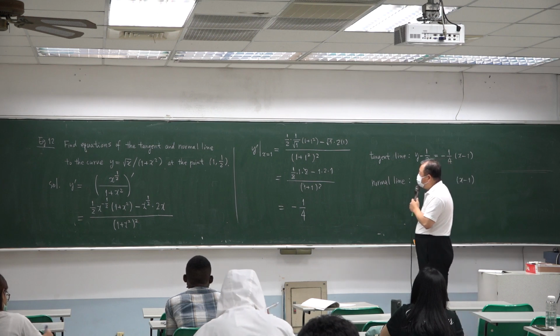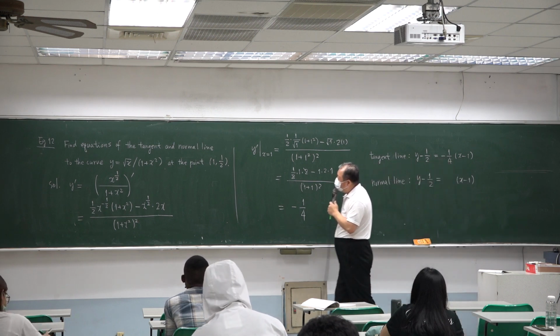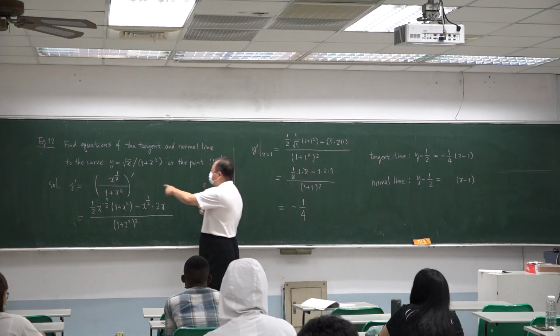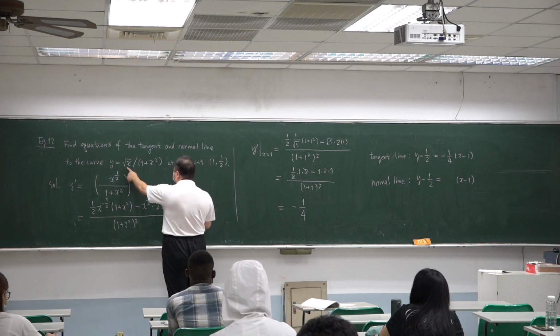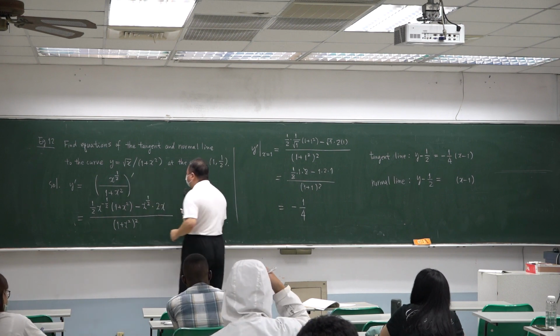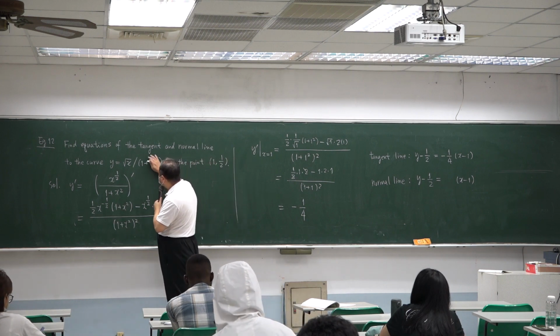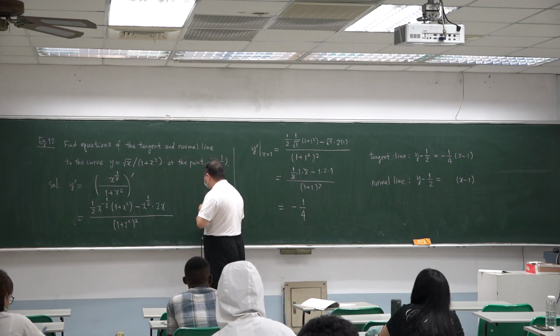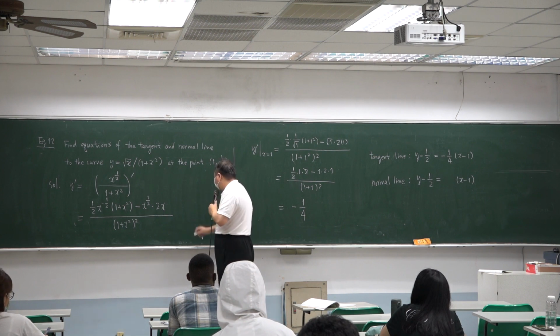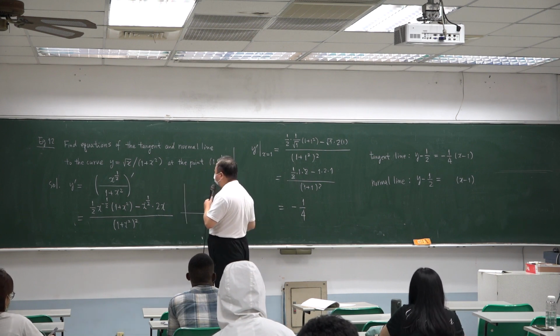Okay. This function, because we have a square root here, is only defined for x non-negative. When x is near 0, this is almost 1, so the graph may be pretty similar to the square root function.